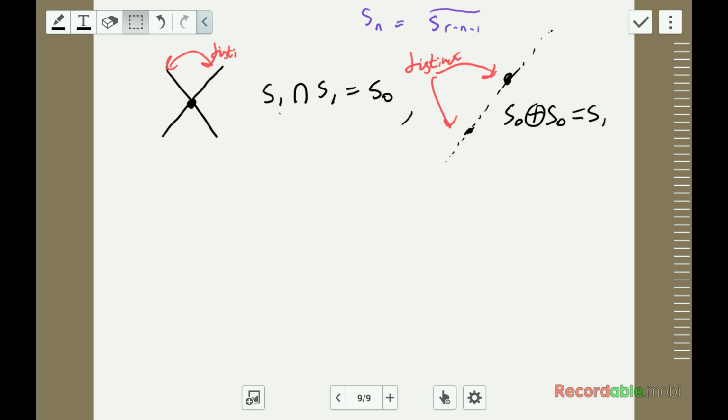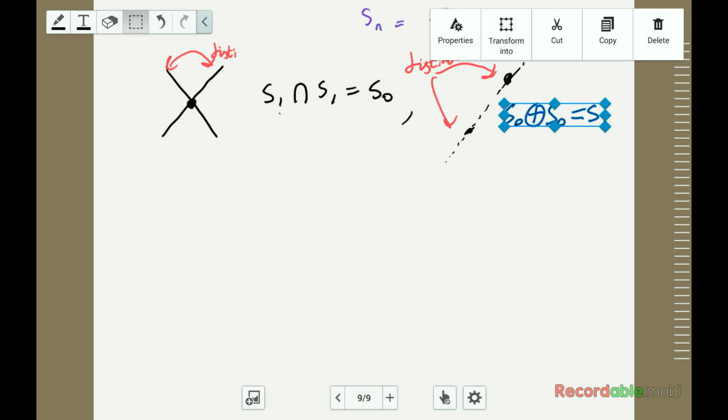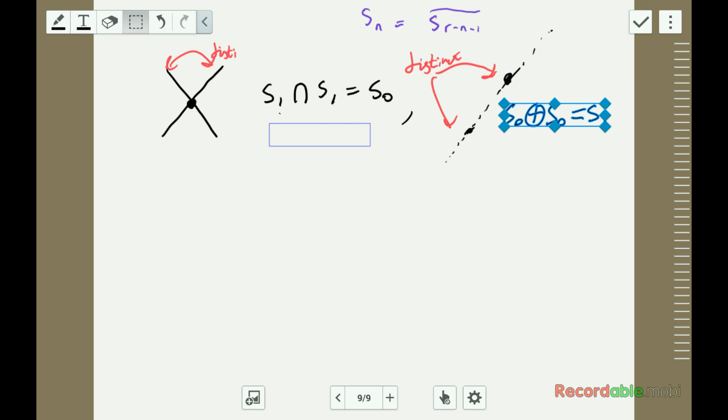So we can take this and write it under here, and we see the symmetry going on here, replacing the span with the intersection and the zeros with the ones. We have this kind of duality in the algebra.